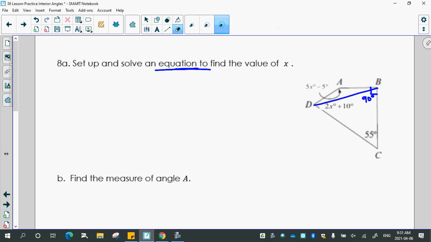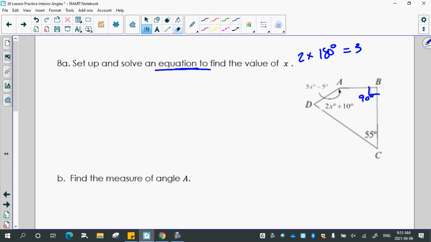So that should mean that the whole thing adds up to 180 times 2, which is 360. So I should know that if I add all the angles together, I'm going to end up with 360 degrees.